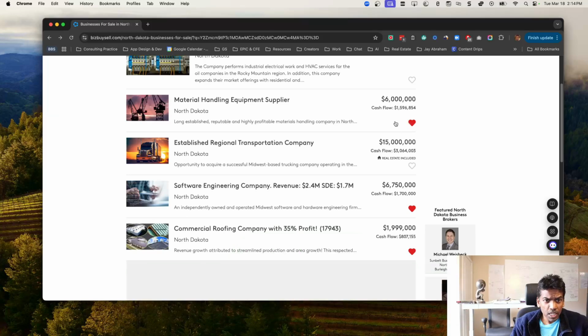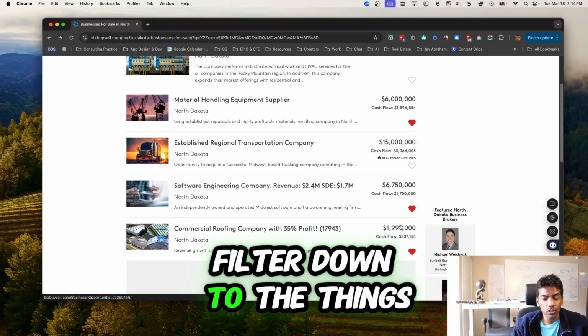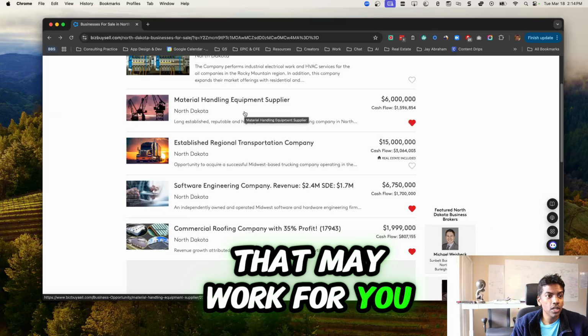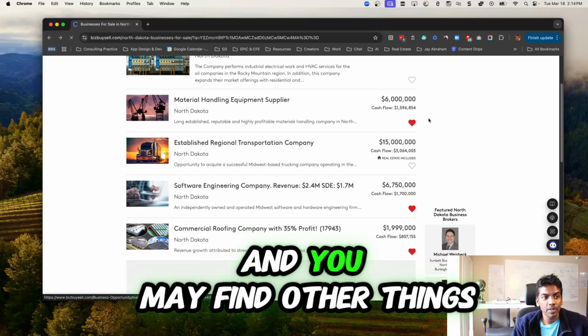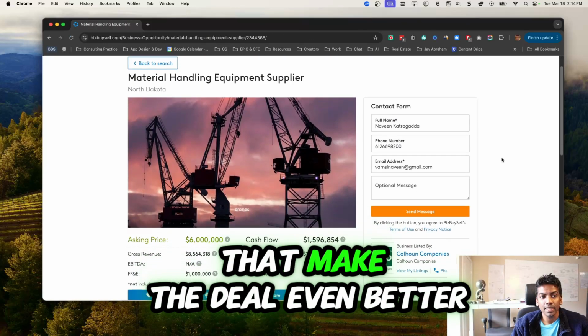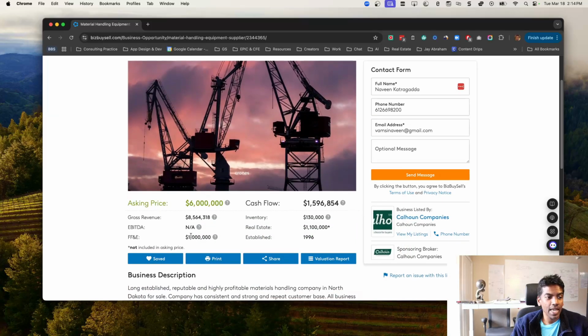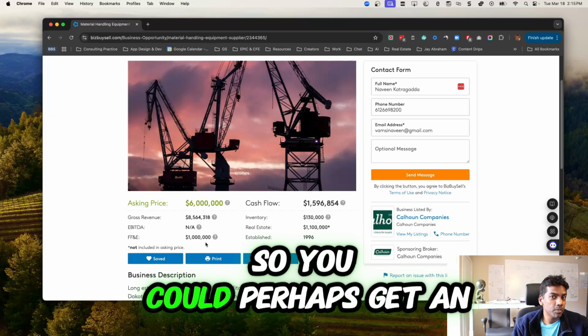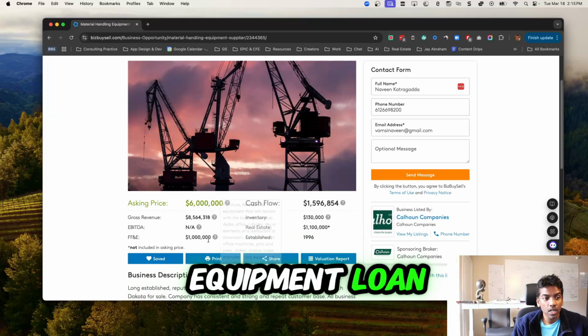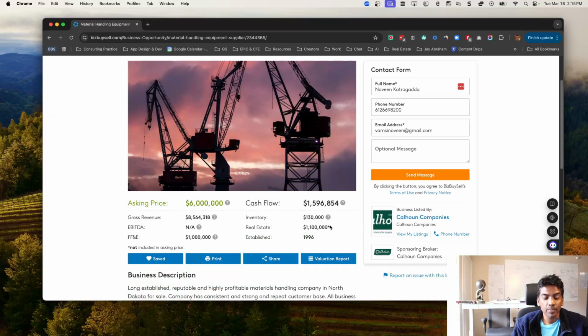Now that you've filtered down to the things that may work for you, you can actually go into the deal and you may find other things that make the deal even better. For example, in this case, this business has $1 million of equipment. So you could perhaps get an equipment loan on a business like this, or sometimes businesses come with real estate. In this case, it's not. This real estate is not included, you can see here.